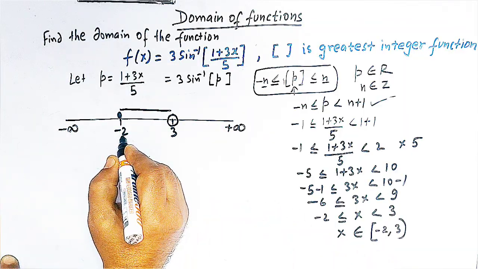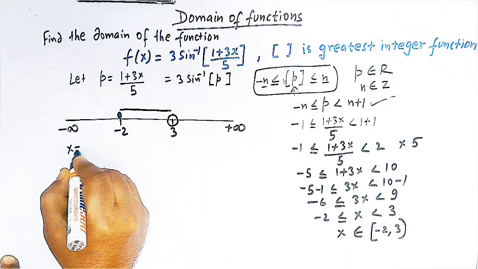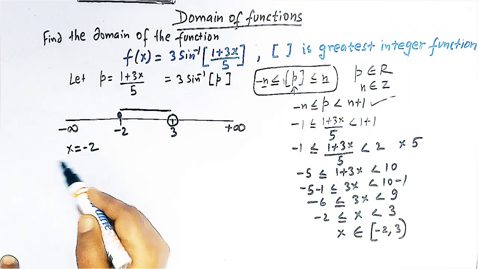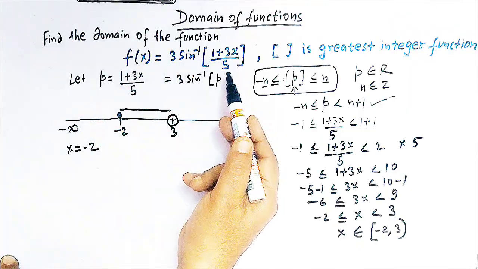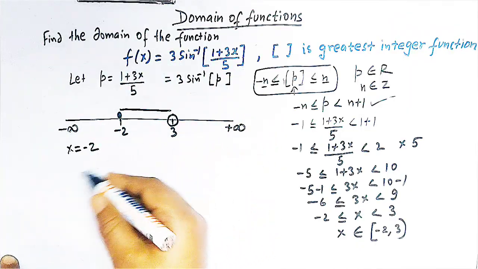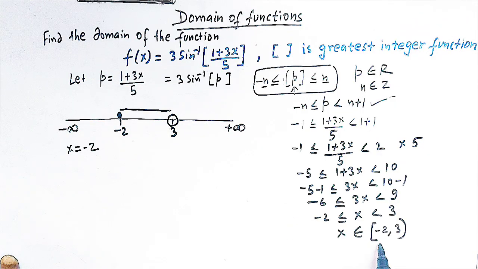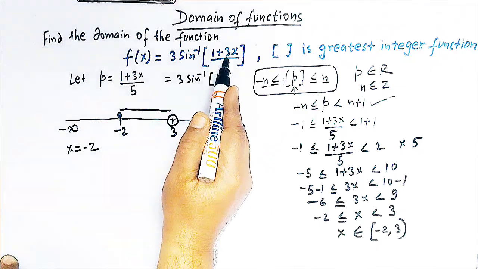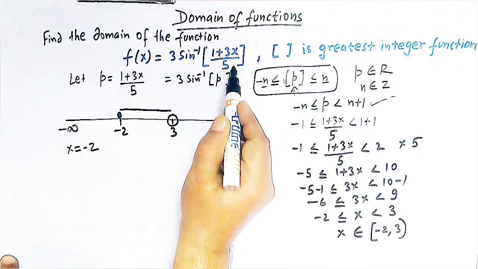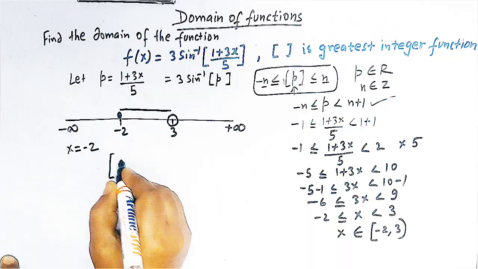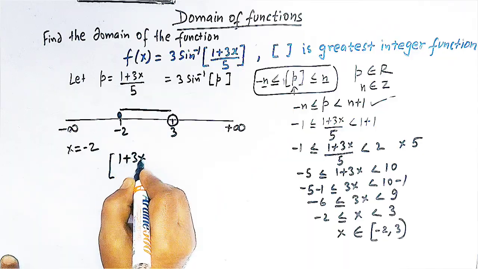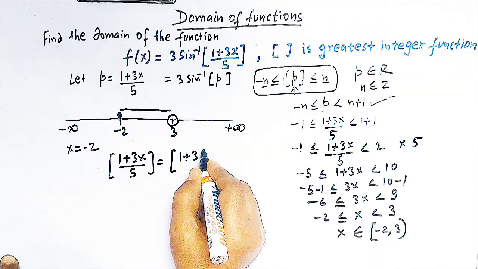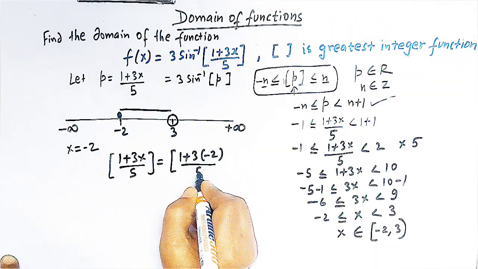Okay, so let us first take x is equal to minus 2, and let us see whether x is equal to minus 2 is in the domain of f of x, right? Here we are simply verifying our result by taking some particular values. So for x is equal to minus 2, this expression, that is greatest integer of (1 plus 3x) over 5, is equal to greatest integer of (1 plus 3 times minus 2) over 5.